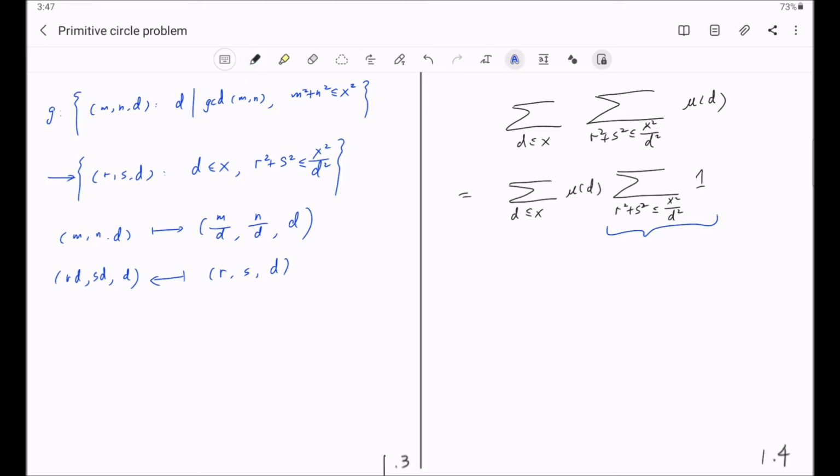So, let us employ the result from the Gauss circle problem, which you can find in another video I made. We're just going to use the most elementary result for the Gauss circle problem, derived by Gauss himself. By the elementary solution to the Gauss circle problem, this part has an asymptotic formula, pi x squared divided by d squared plus big O of x over d.